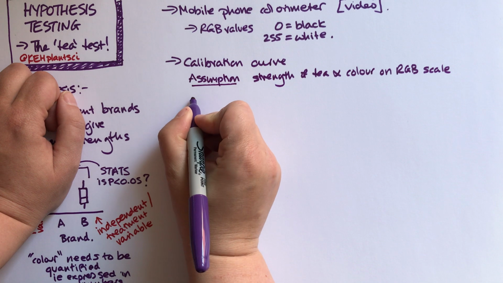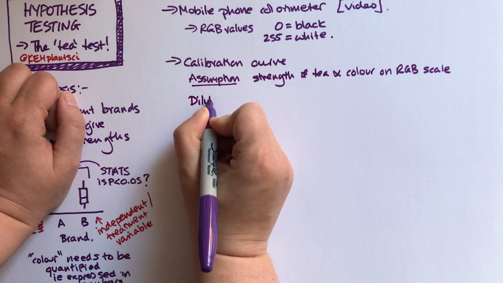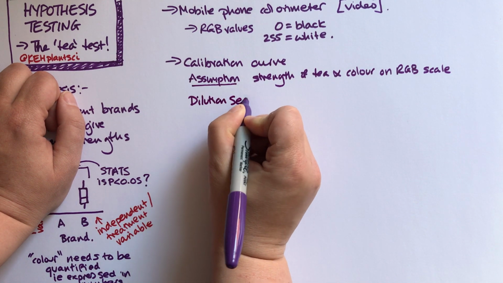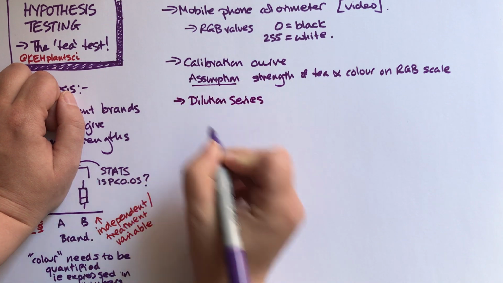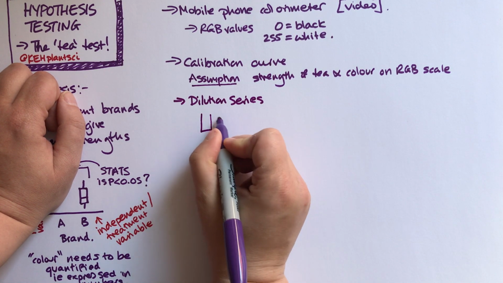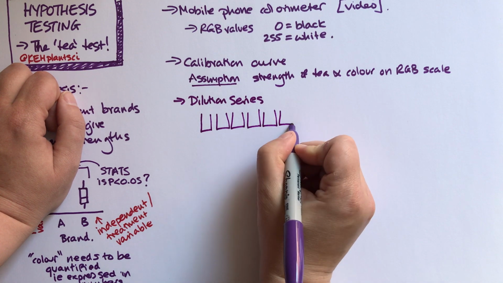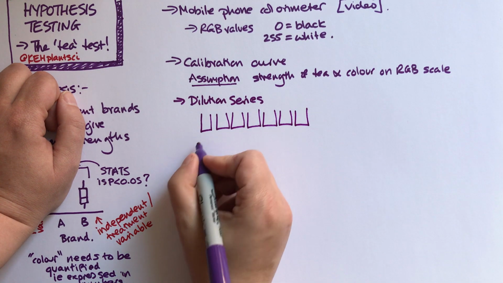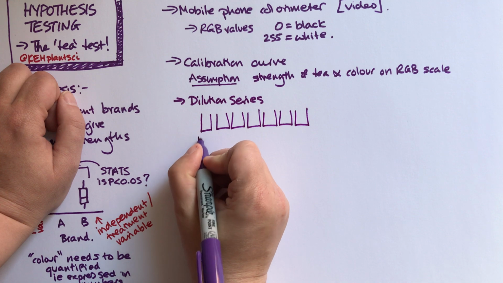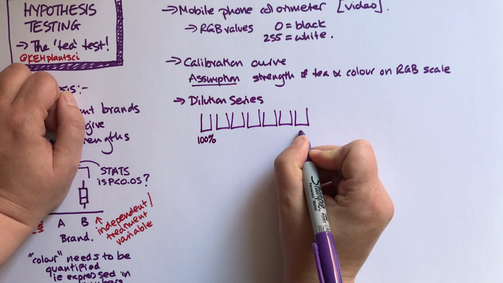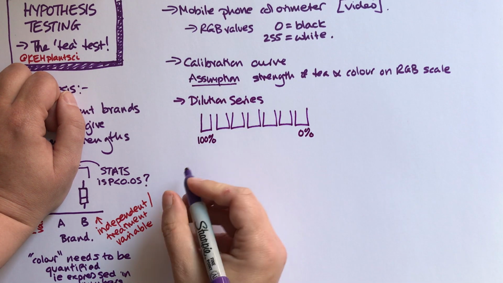So what we do is set up our dilution series. We set up a bunch of cuvettes, a bunch of dilutions, however you're doing it, with different concentrations that go from 100% to 0% strength.